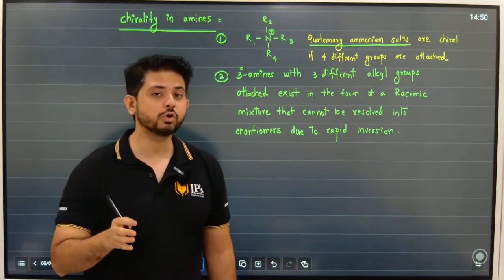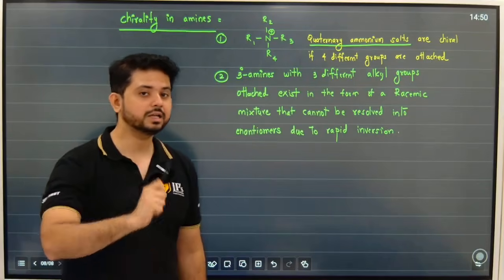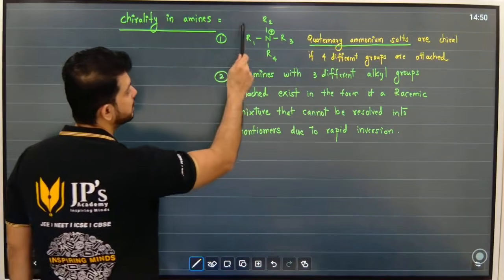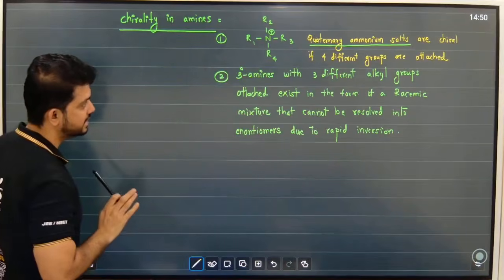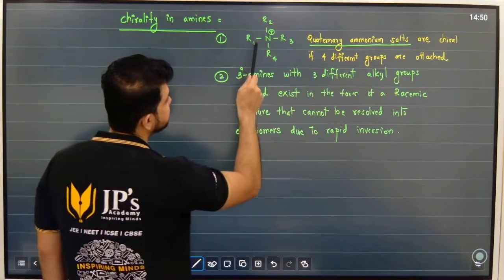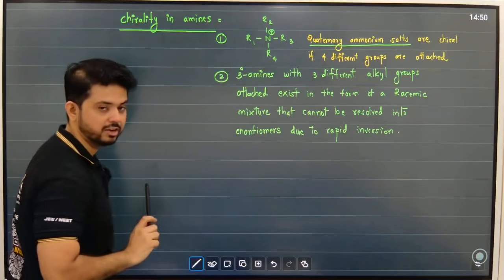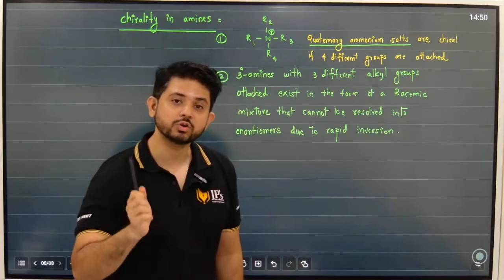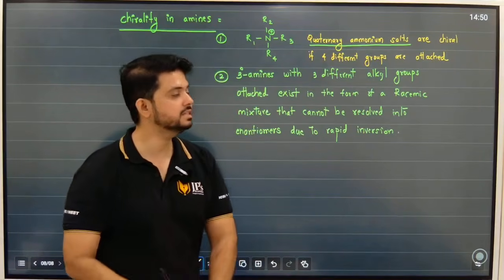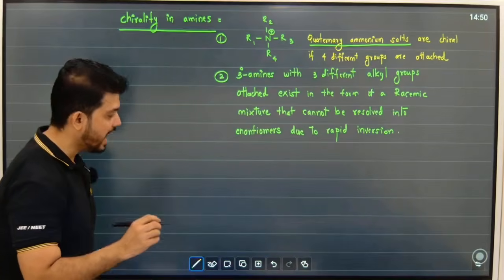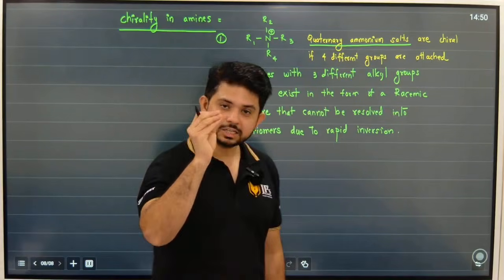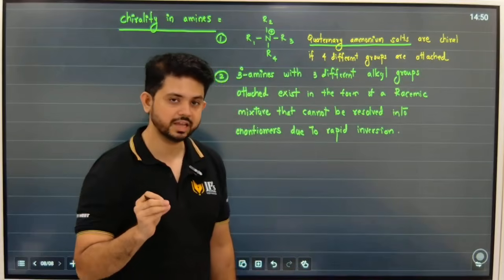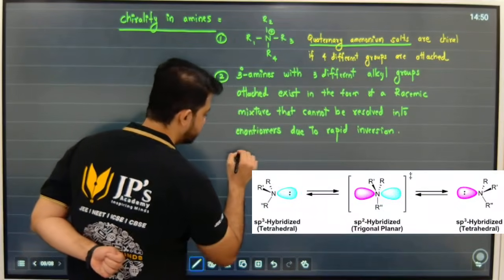Consider if 4 different alkyl groups are attached to nitrogen, then we say that this nitrogen is chiral. So quaternary ammonium salts are chiral. At the same time, students, in tertiary amines, there's a very important topic which we call amine inversion.